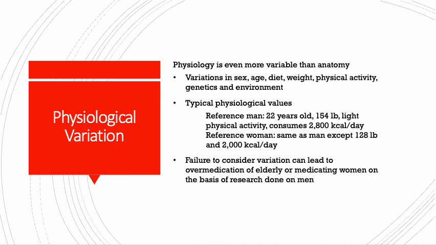So being aware that their livers work slower or their digestive system works slower will help us treat them better and make sure we're not over-medicating or doing anything like that, because we're not aware that there are changes in the physiological aspects of their body just based on age, gender, size, any of those things.